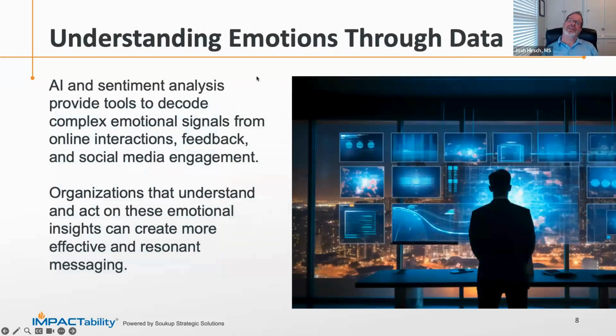So AI and sentiment analysis, it's really simple enough. It's the tools that are going to take these responses, these online interactions, like I said, the feedback that we're seeing in testimonials. If you're not, on a semi-regular basis, and whatever semi-regular means to your organization can be different, but if you're not surveying your donors and at the same time surveying your constituents, you're doing yourself a disservice.